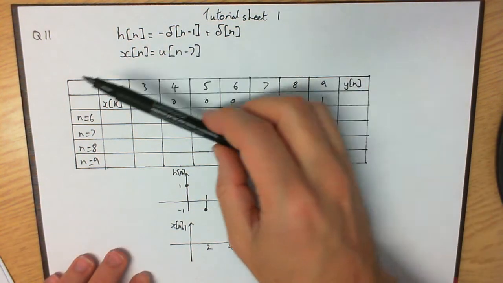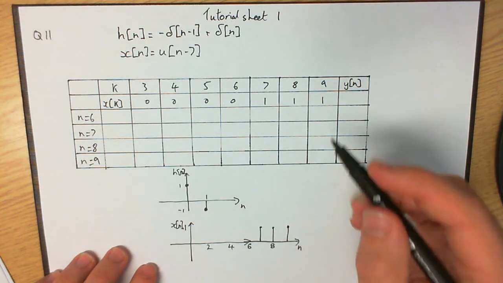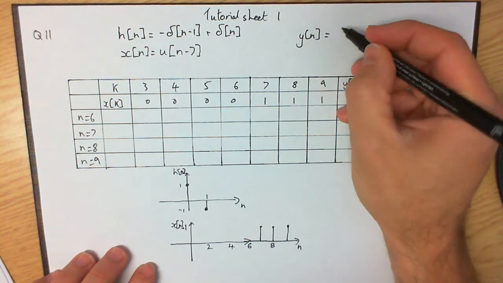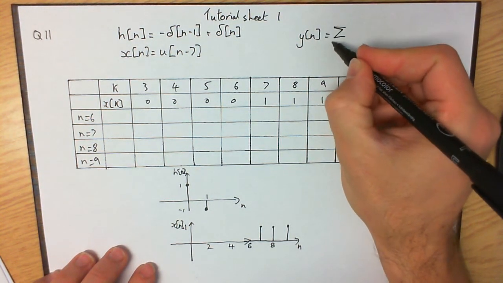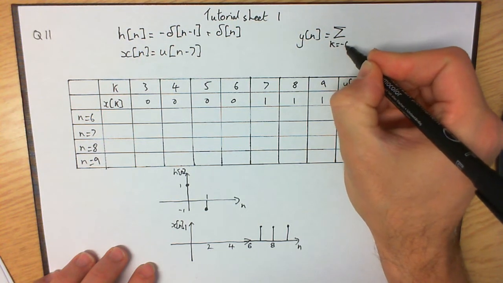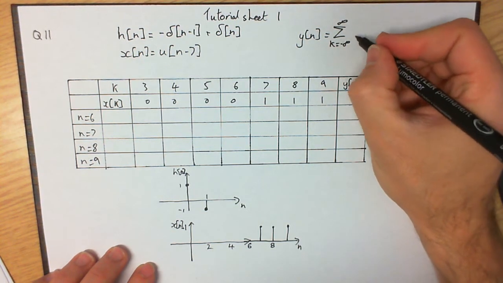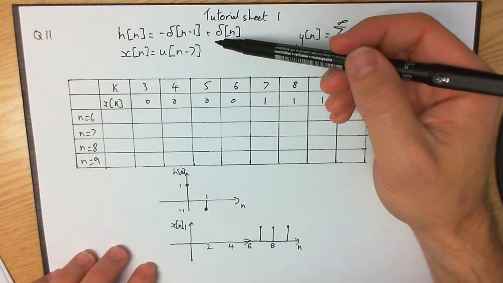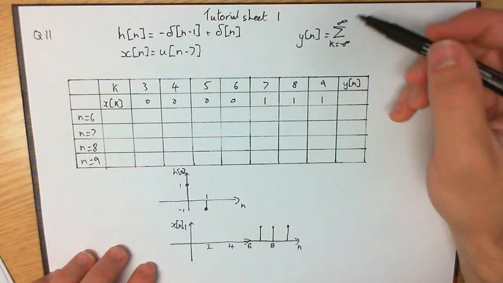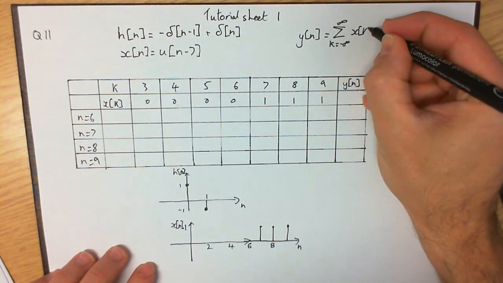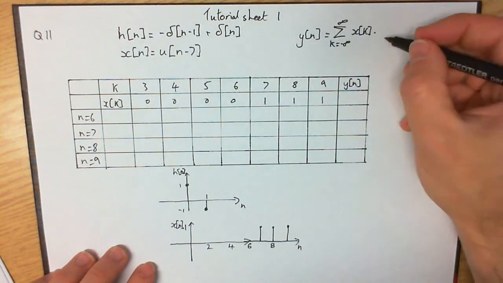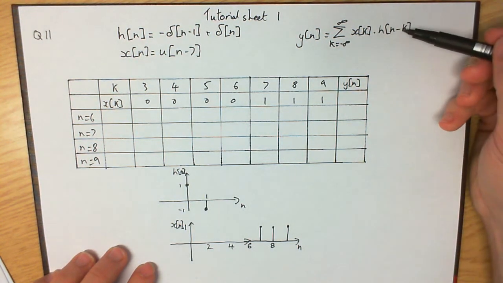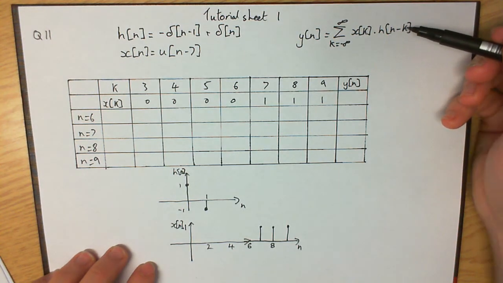So I've already drawn out the box that we need to do the convolution, so we're going to work out y of n, which is equal to the convolution, sum over k from minus infinity to infinity, of x of k, and we're going to flip h of k to n minus k and carry out that convolution sum in this case.